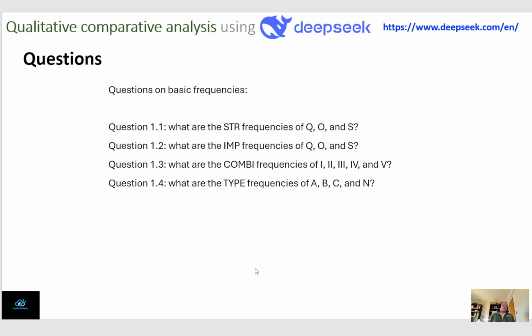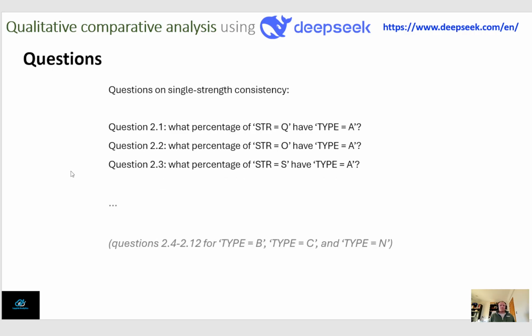Well, first of all, it gives you a basic marginal understanding of the data, and if frequencies of some features are very small, like 1 or 2 cases, then it's difficult to draw conclusions of the kind that we would like to draw with qualitative comparative analysis. I will explain that in a minute. So these questions are really on basic frequencies of strengths, improvements, combinations, and types of services sold.